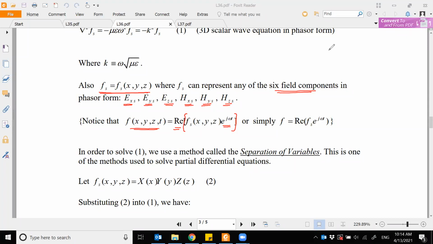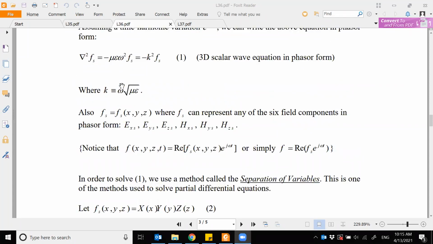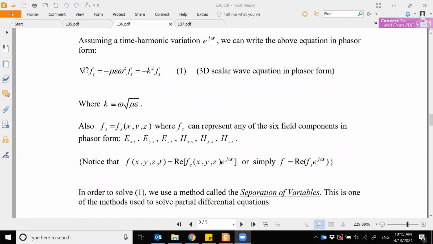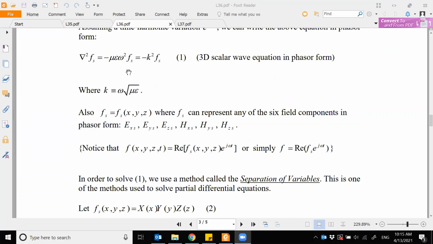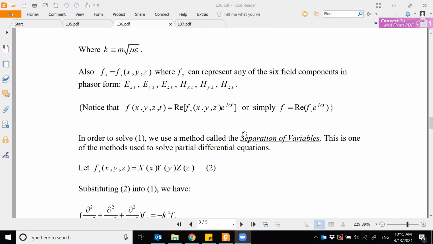Okay. So now let's start. What we want to do now is solve our equation 1, which is this 3D scalar wave equation. To solve this, we have to borrow some mathematics, whatever we have learned in differential equations and other areas, and we solve this by what is called separation of variables.